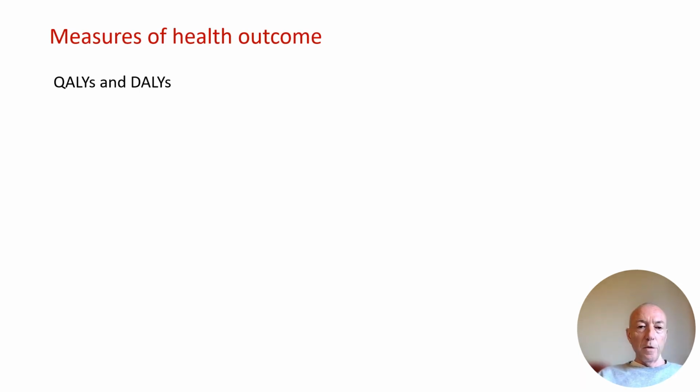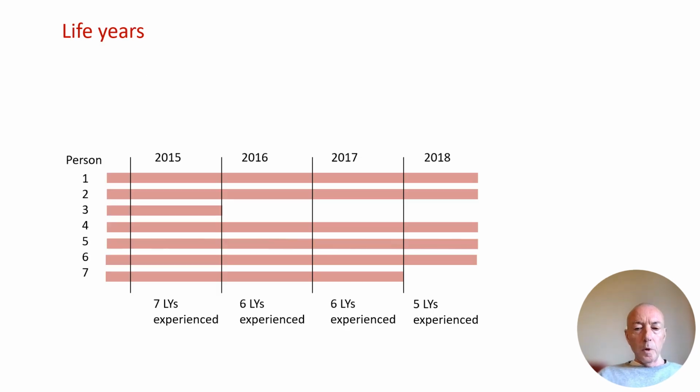So the measures of health outcome we're going to consider are QALYs and DALYs. First of all, though, we'll consider another health outcome, life years. So this is illustrated here on this slide. We have the lives of 7 people over the years 2015 to 2018 illustrated.